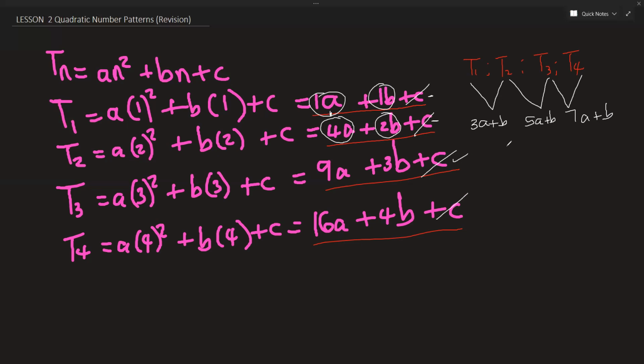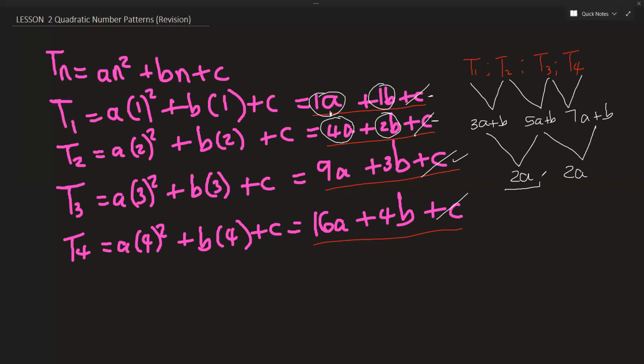And now I want us to subtract again. 5a minus 3a gives you 2a, and the b cancels the b. Then 7a minus 5a gives you 2a, and the b cancels the b. So this pattern we formed is very important.